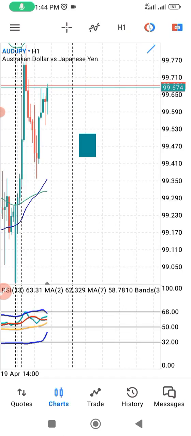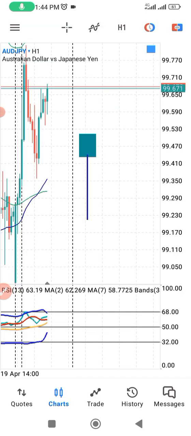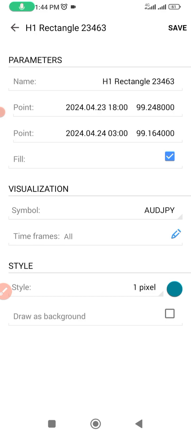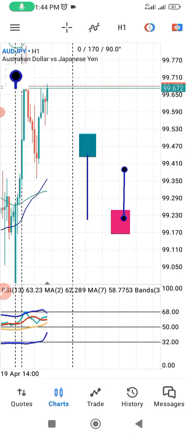So this is what a bullish pin bar looks like, while a bearish pin bar looks this way.